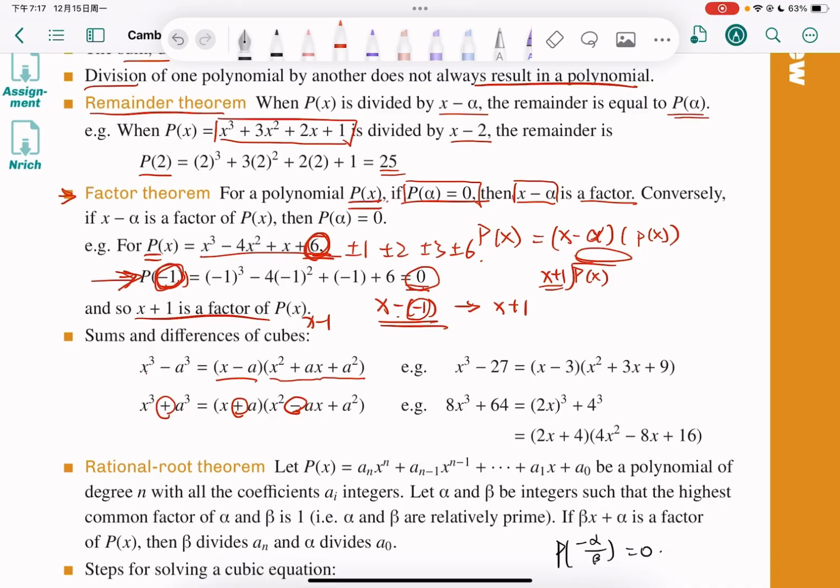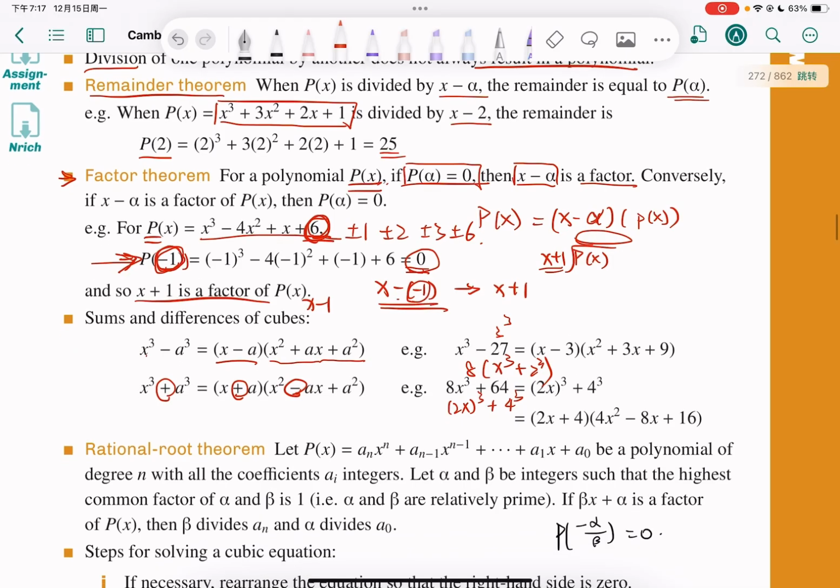Okay, for example, commonly x cubed minus 3 cubed, or this should be 2x cubed plus 4 cubed. Or we can take the 8 out to be x cubed plus 2 cubed, and it's the same procedure.